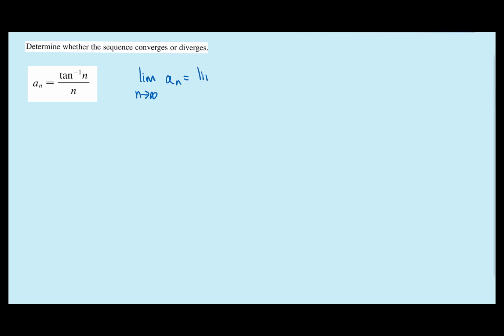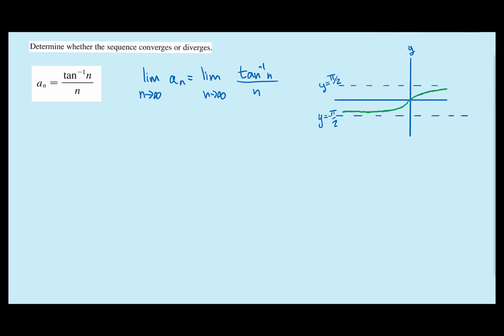Okay, what's the limit of this expression? What does arctan of x look like? Let's draw that. This would be a good time to use the squeeze theorem. We want to build our expression of arctan n over n by starting with arctan of n, stating that it is between pi over 2 and negative pi over 2.